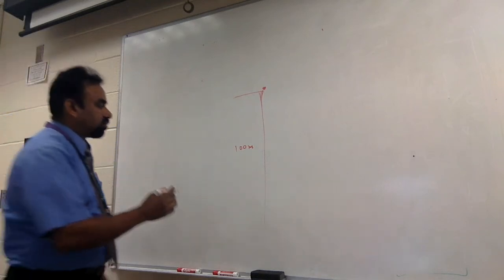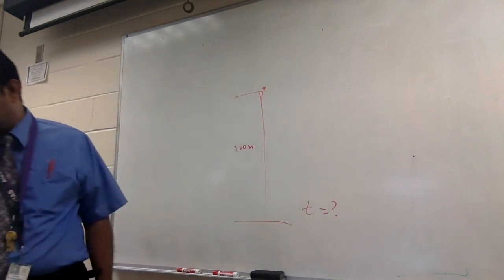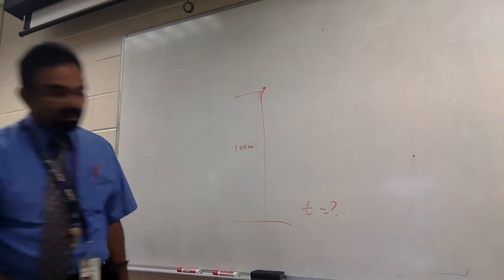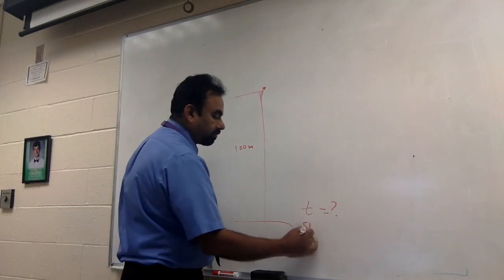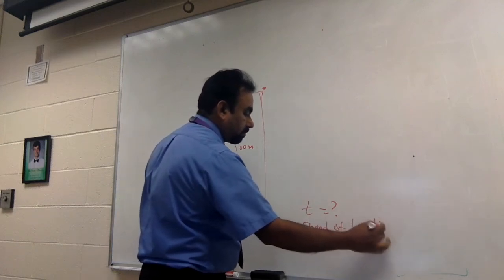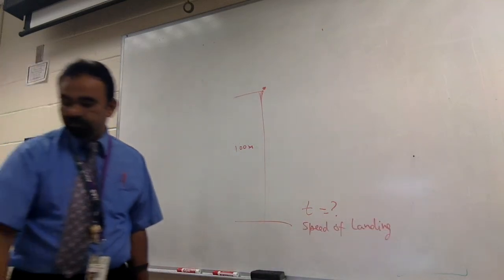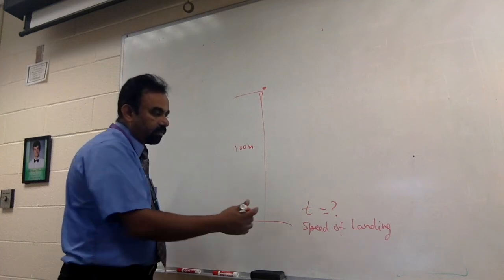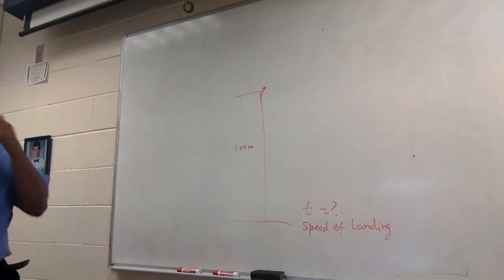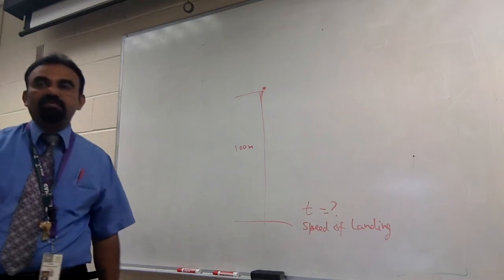Find how long it takes to reach the ground. I'll give you some time to work it out. Find the speed of landing. Okay, do these two: find the time of landing and the speed of landing.